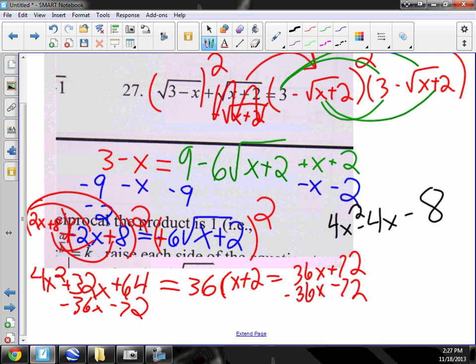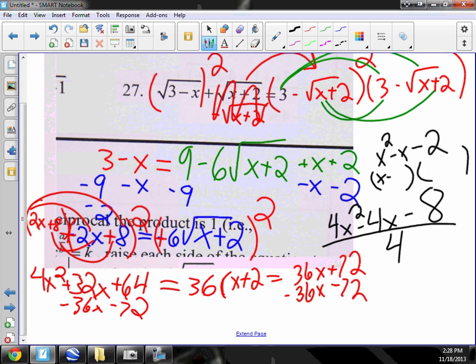Now what? Divide by 4. So x squared minus x minus 2. Hopefully that factors. X minus 2 and x plus 1. So what are my roots? Negative 1 and positive 2.